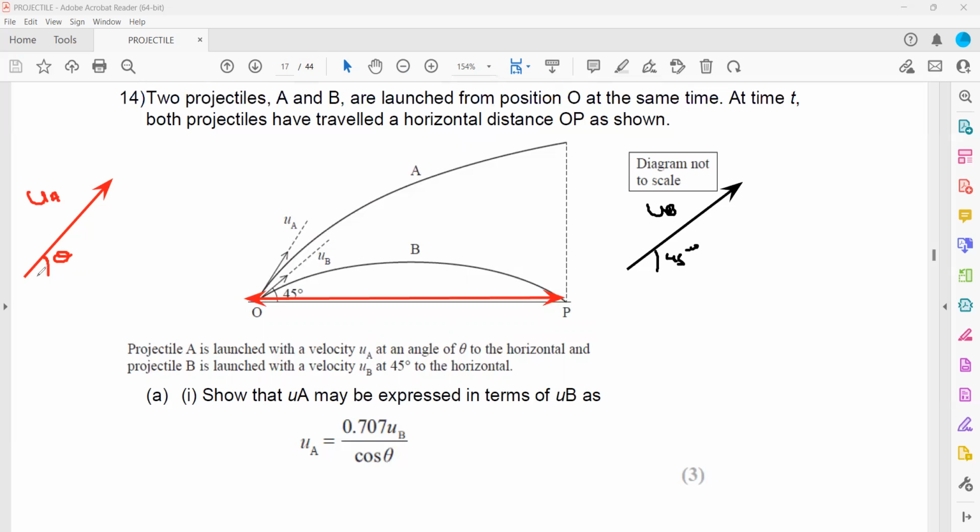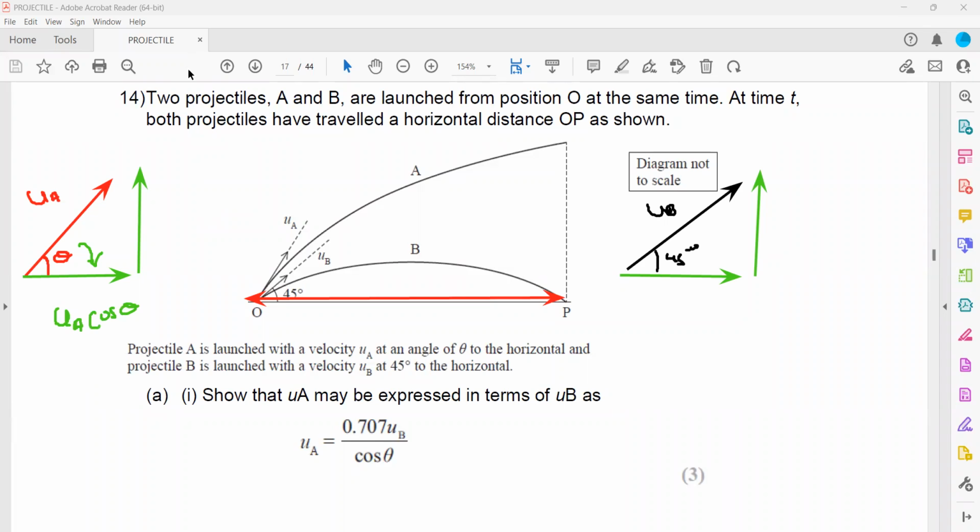So what will the expression for the range of UA, the horizontal distance for UA, be? It will have two components. One component is with the angle, another component is against the angle. Same thing for UB, one component with the angle and another against the angle. So the horizontal component, which is next to the angle, is UA cos theta.